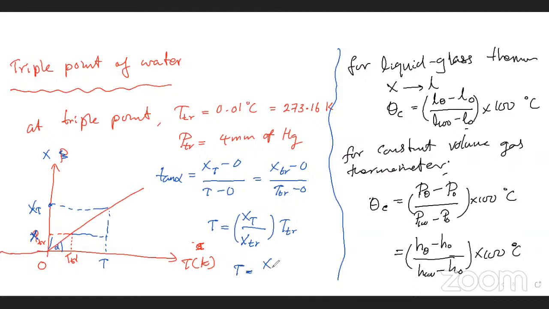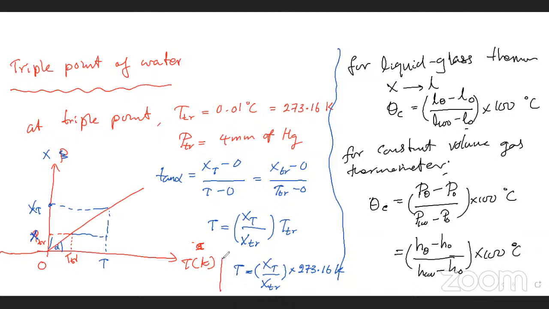If you know the thermometric property at the unknown temperature and at the triple point, multiply by 273.16. That's in Kelvin only. So this equation is valid only for the Kelvin scale.